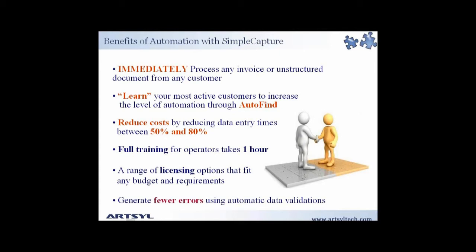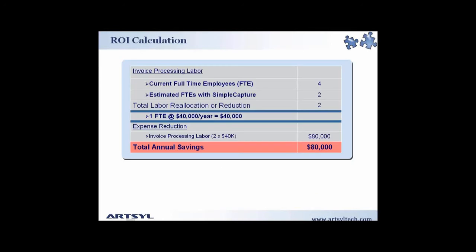And with AutoFind, the ability to do database lookups, the ability to validate against an accounting or ERP system, and the fact that you're capturing the fields from the OCR text typically means you have less than 1% errors. That means an 80% reduction in the average error rate. So it can dramatically reduce errors in your data entry operation.